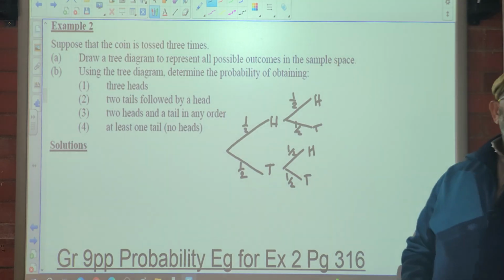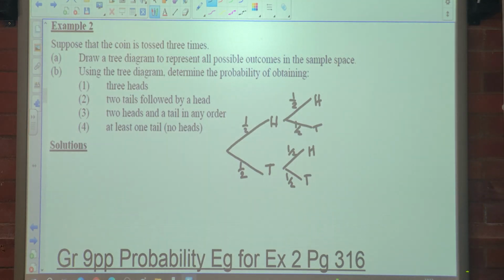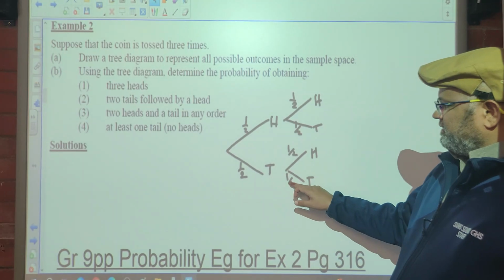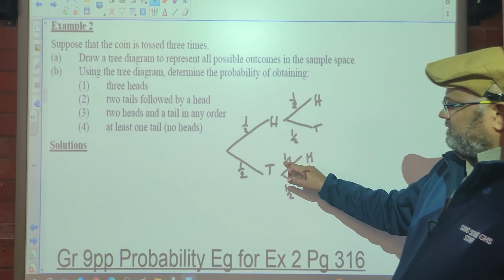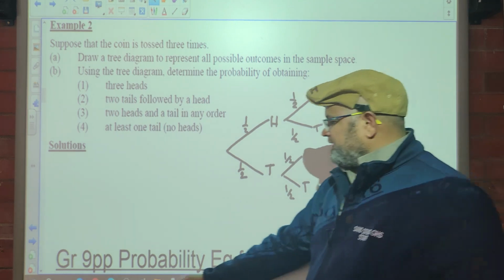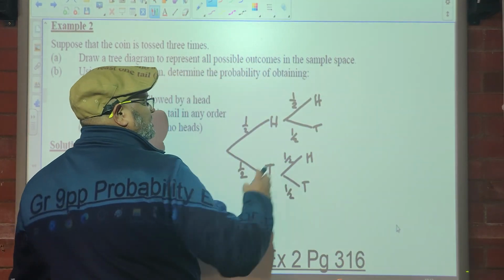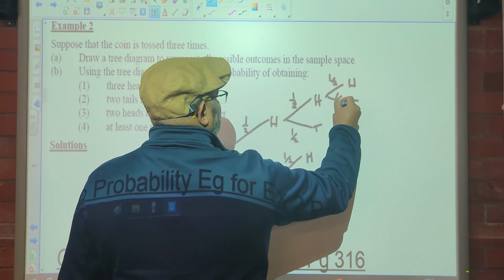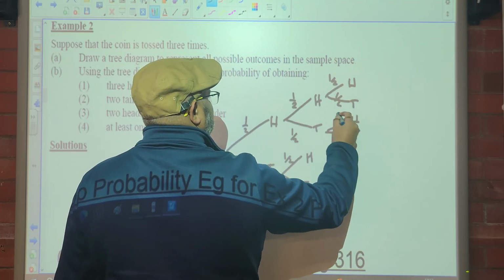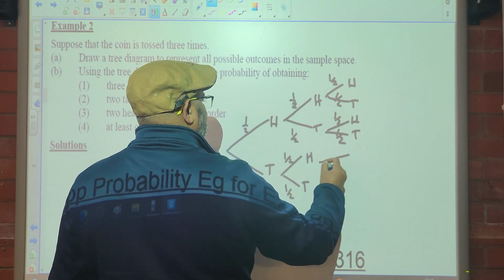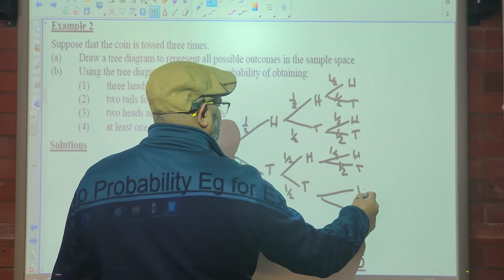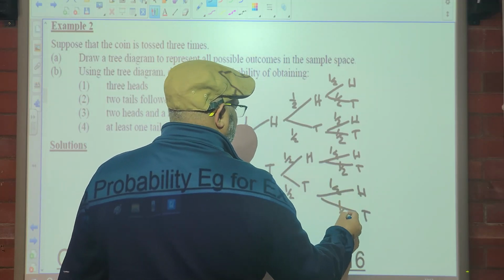Not so? So that is after the second event. In the third one, it could either be heads or tails, so it's half and half. Again, heads or tails, half and half. Heads or tails, half and half. Heads or tails, half and half.